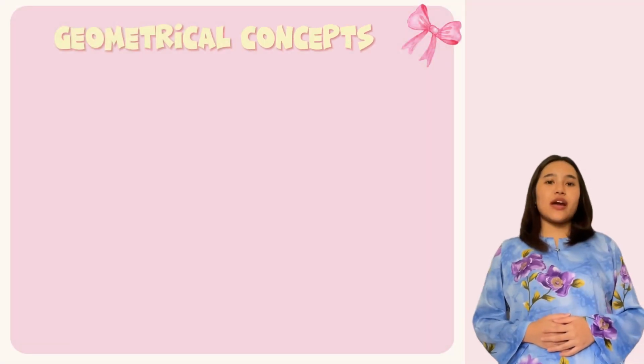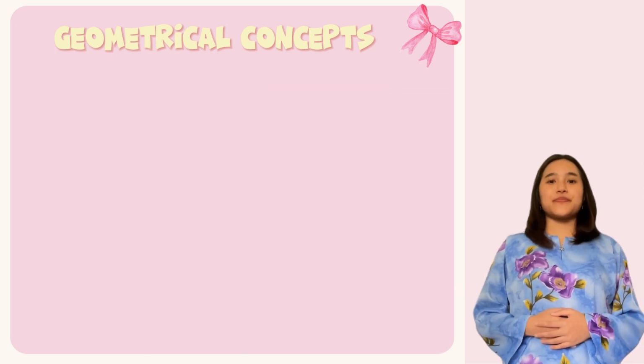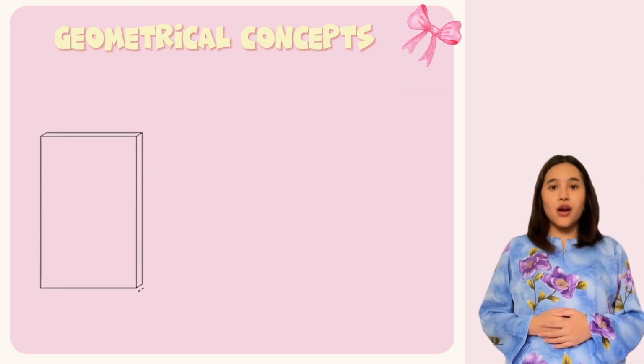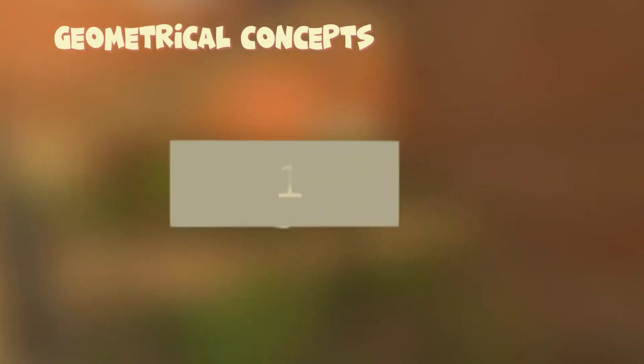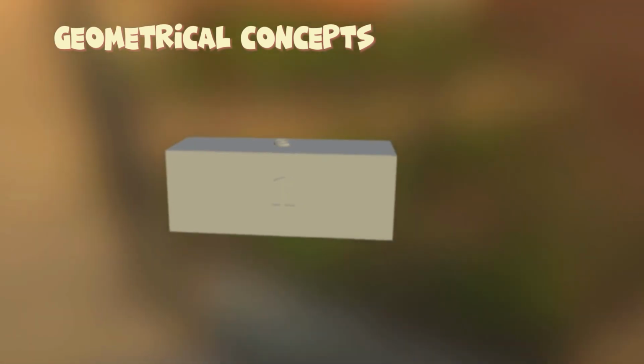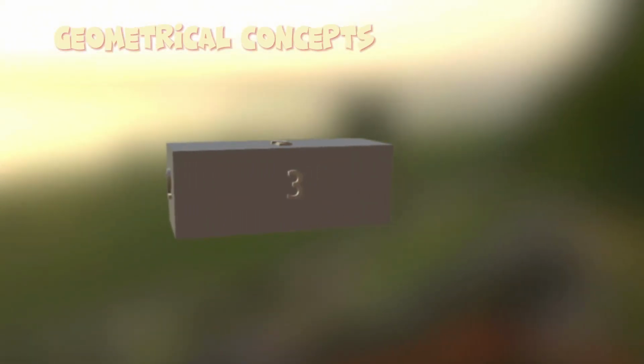Then, we also have the shape of a rectangular prism from the front corner view. A rectangular prism, or known as a cuboid, is a polyhedron that has 6 faces, all the faces are in a rectangle shape, and it has 12 edges.